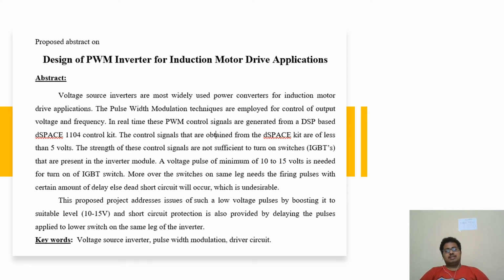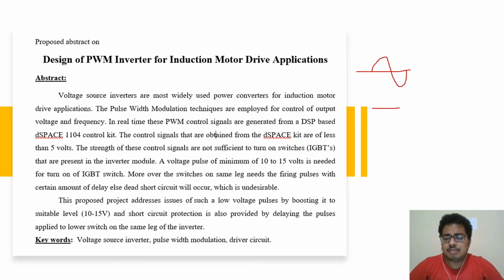There are so many techniques for a single phase inverter or three phase inverter for making the pulse signal from DC to AC. It can be like a single step. For example, AC means it will be like this, DC means it will be like this. For converting this DC to AC, we can make it like this, which is also AC. Some people will call it a stepped wave.